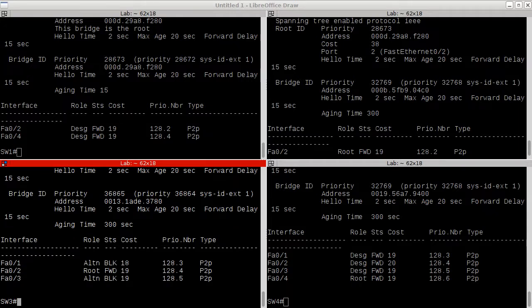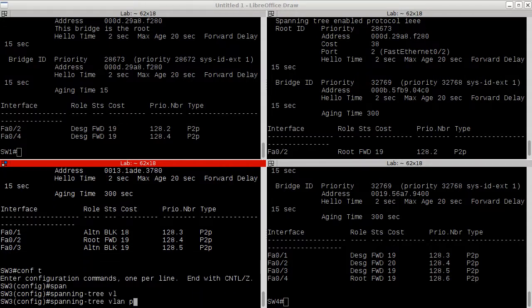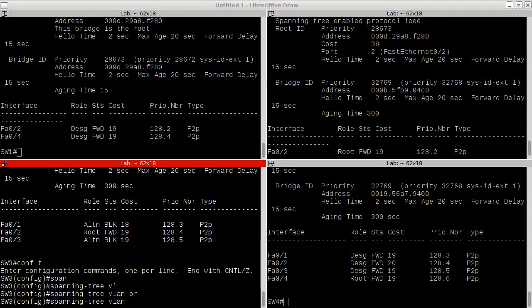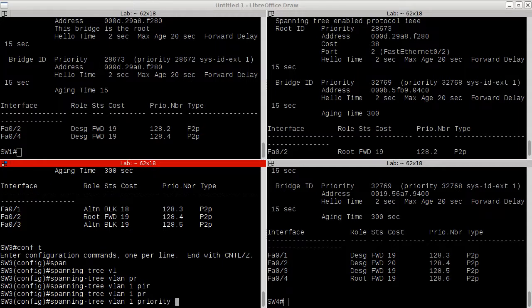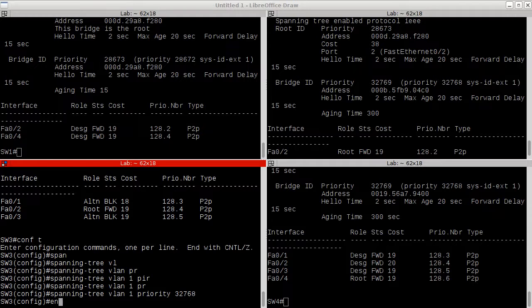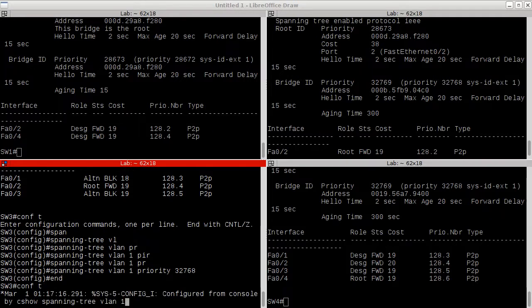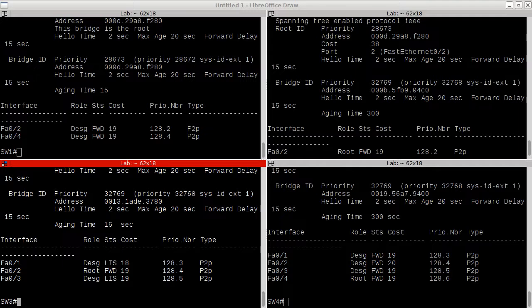Let's see what happens if we set the priority back to normal here. Now this one should start forwarding because it has the lower bridge ID, and then these would go blocking.